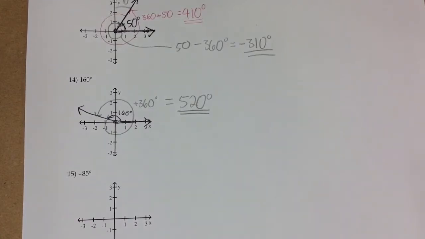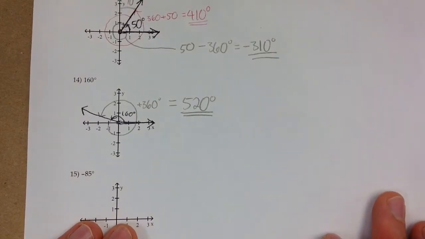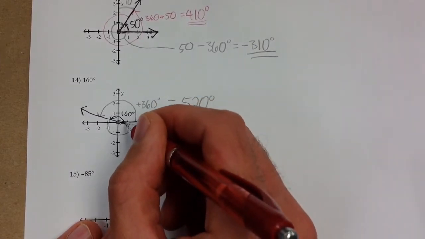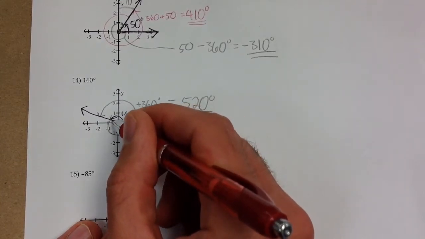And Yoonjae, could you tell me how I can find a negative coterminal angle with 160? Minus what from 360? 160. Because now we want to go in the other direction. We want to come this way and figure out what that angle is.